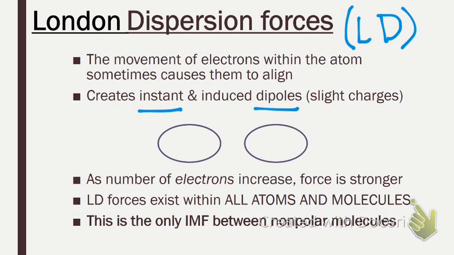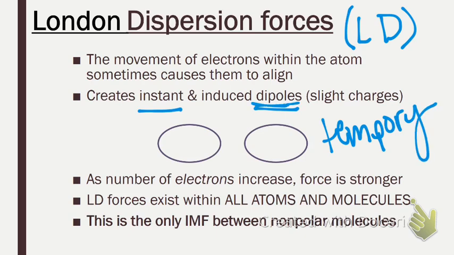It's only there for an instant, and it is important that you know and remember that this is a temporary dipole. So let's say more electrons are around this side of the molecule. That means this side is going to have a slight negative charge, and this side is going to have a slight positive charge. That's just for an instant. The electrons are going to keep moving, and an instant later that slight polarity is going to go away.